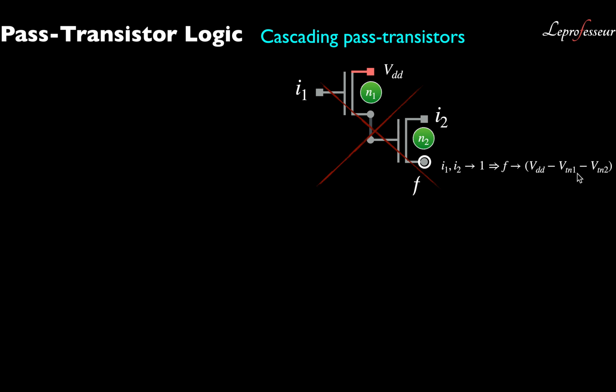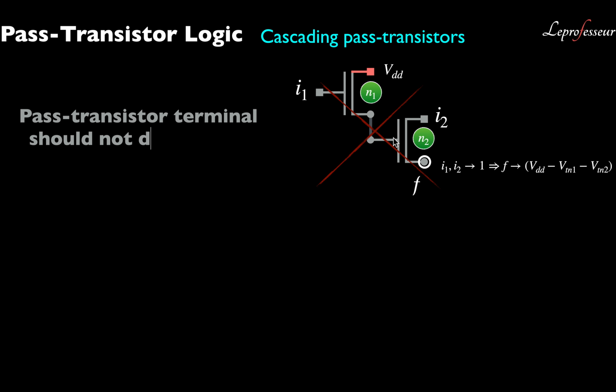So this will be a pretty low voltage, and depending upon how many cascading transistors you are putting, you will have to develop a bigger circuit to pull the value to a logic high. Essentially, it is not helping us. So this configuration, where you connect the terminal of a pass transistor to the gate of another pass transistor, is to be avoided.